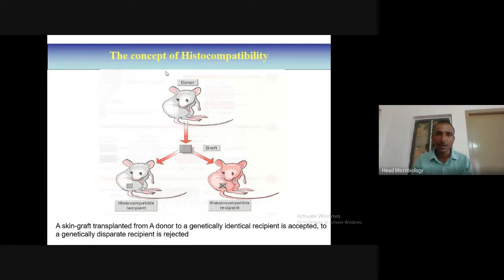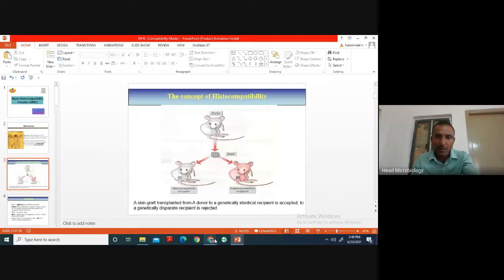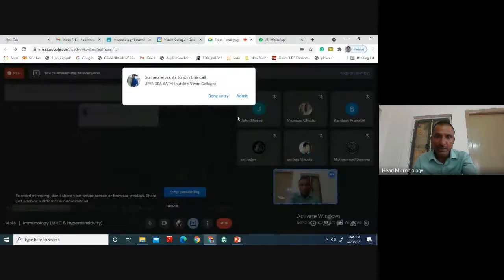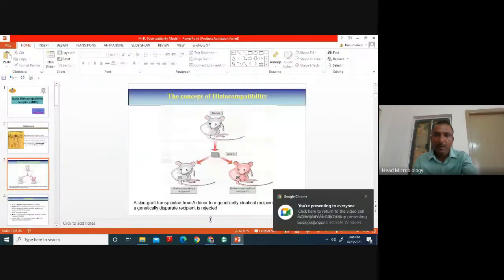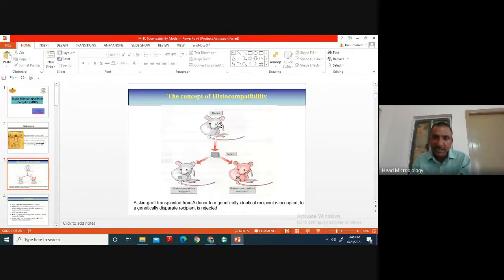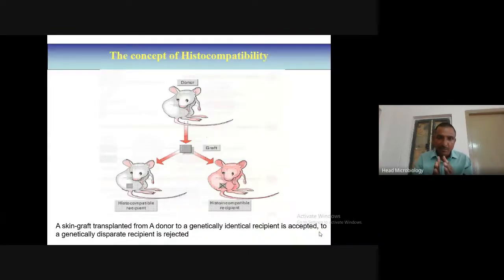Here is a donor mouse, and skin is grafted from one donor to two recipients.